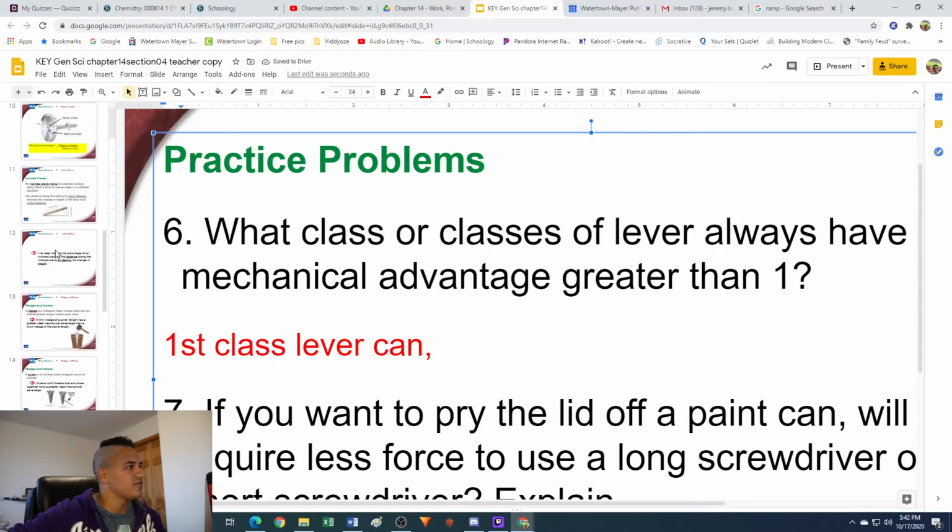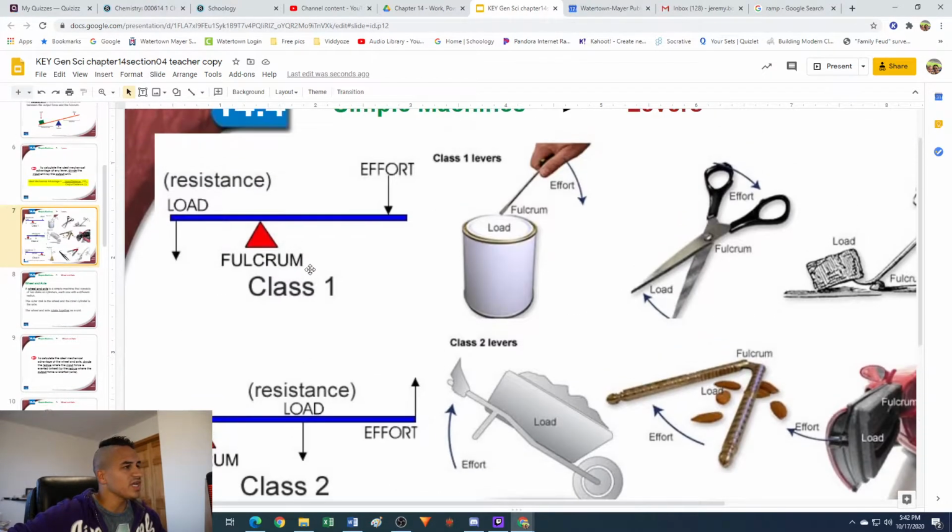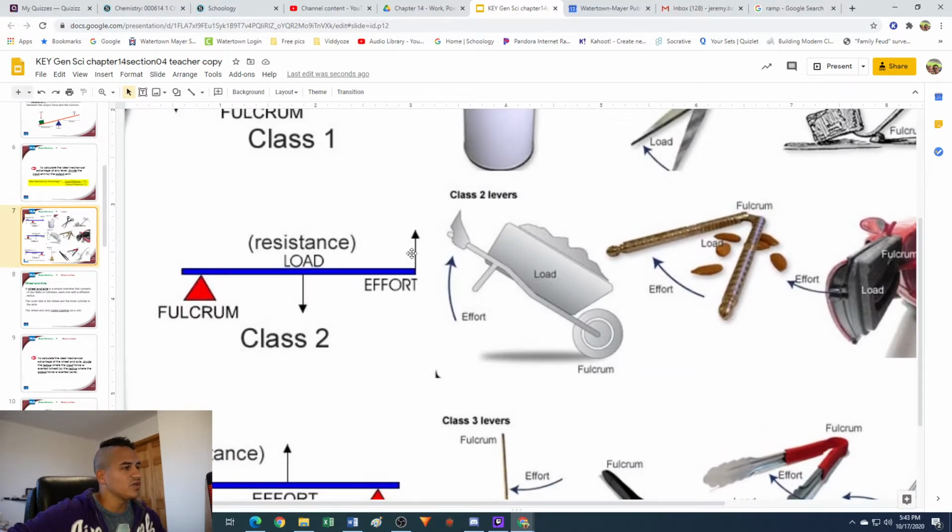Let's look at a second class lever. So second class lever, here is our input, here's our output. If we put the output closer to the fulcrum, the input is going to be from the fulcrum to where we're pulling. Okay, that's our input distance, which again will be large.